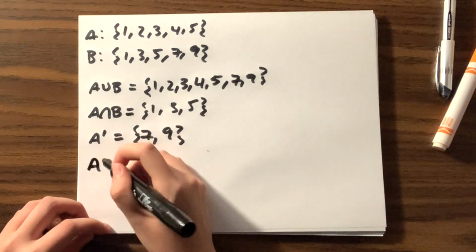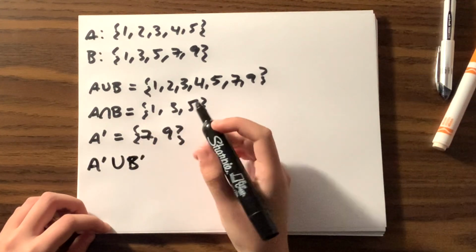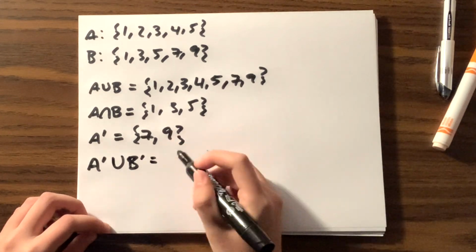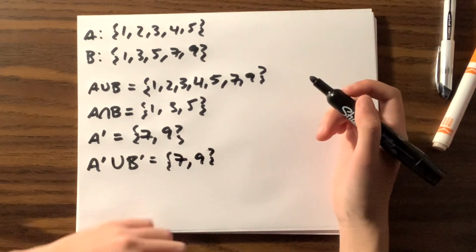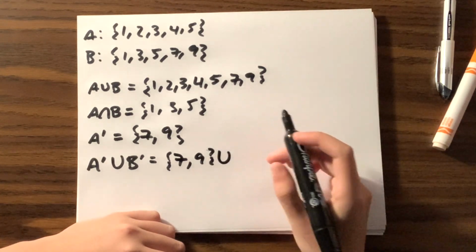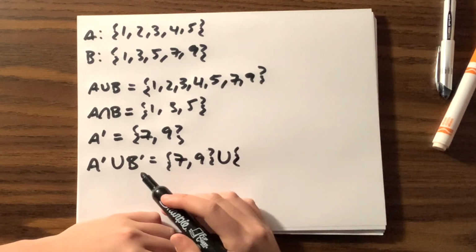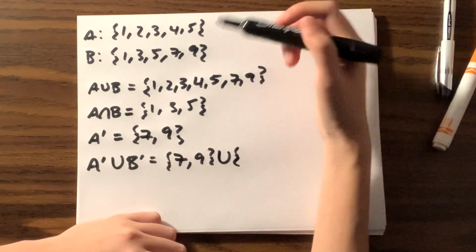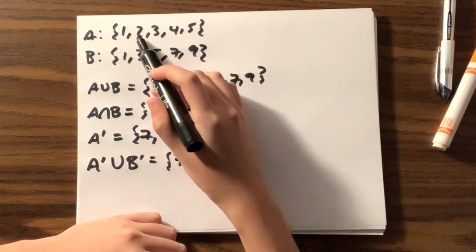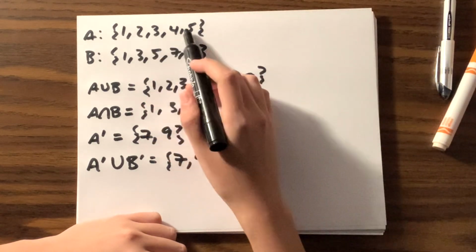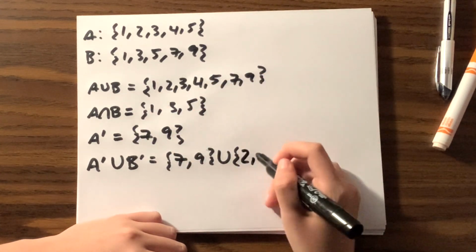Now let's say we want to find A not with the union of B not. Well, we already defined A not as being the values 7 and 9. And if we want to find the union with B not, well, B not are all the values that are not in B that are contained in A. And so in this case, it'll be the values 2 and 4, since these values are in A and they're not contained in B. So we can write 2, 4.